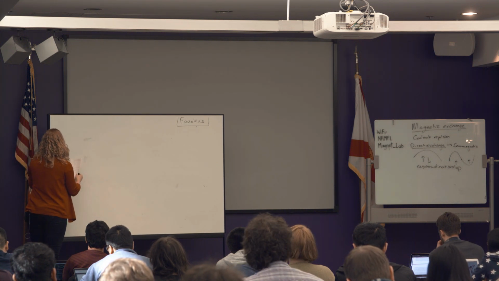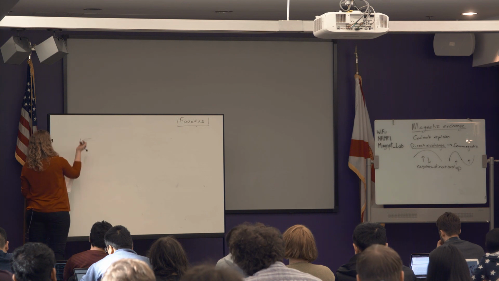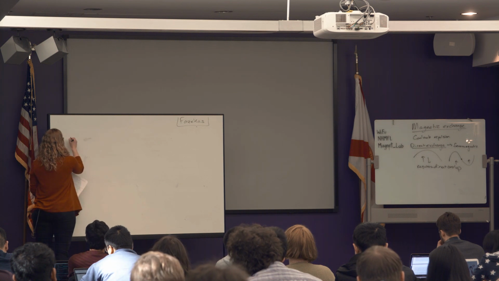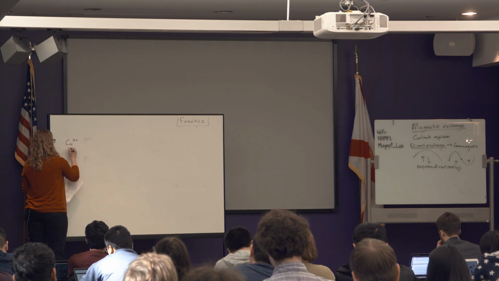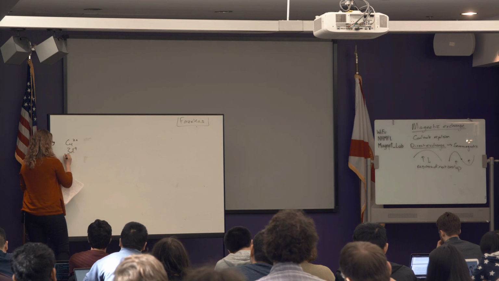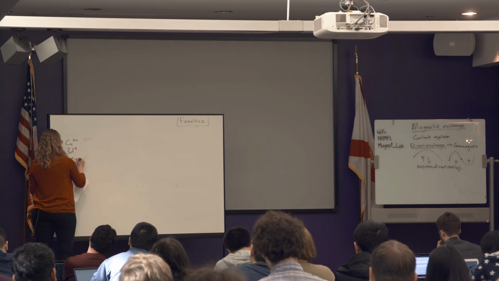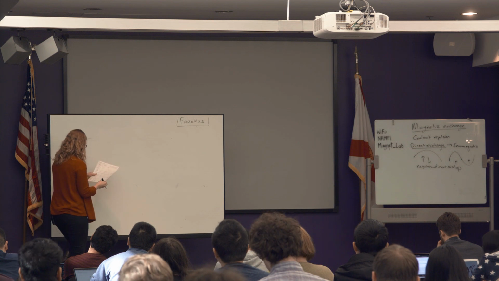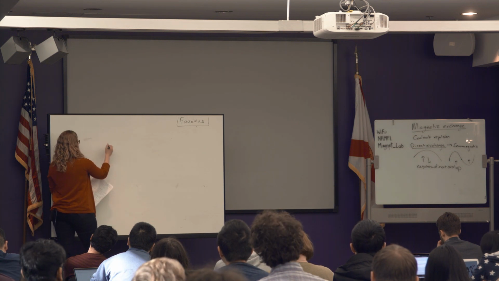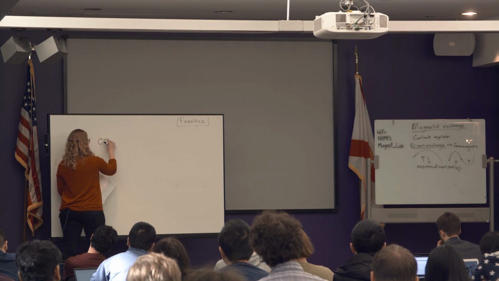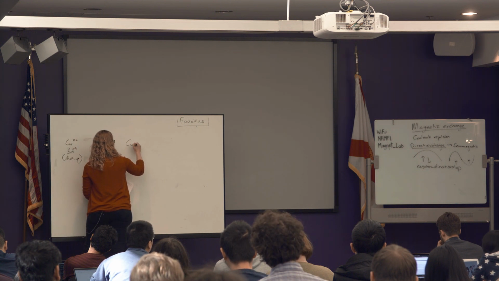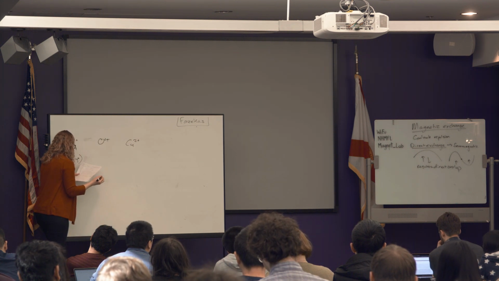So superexchange really typically involves hopping from, say, a copper 2+, which is a 3d9, which we'll typically think of as sitting in the d_{x²−y²} orbital, through an oxygen to another copper 2+.